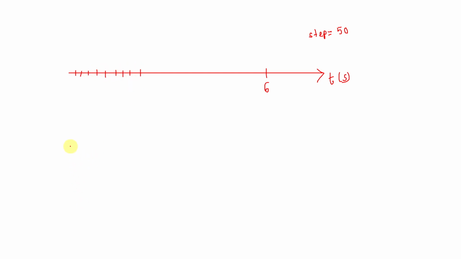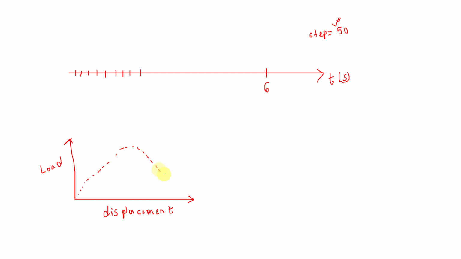So if we plot a load versus displacement curve, as we will see in the coming video, I will get around 50 points like this. I will get 50 points.